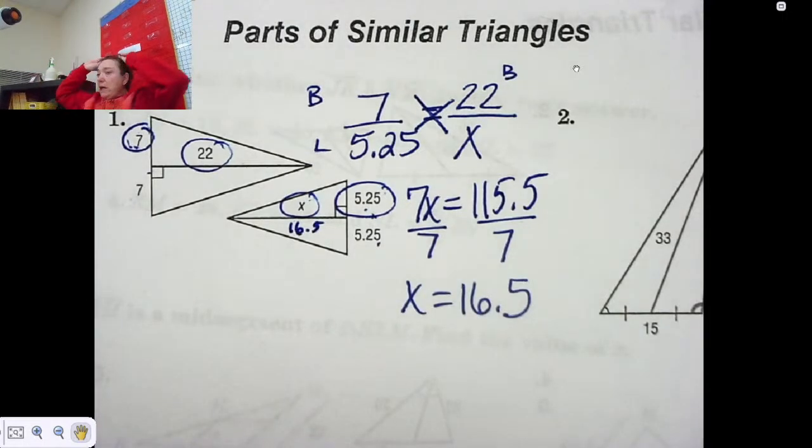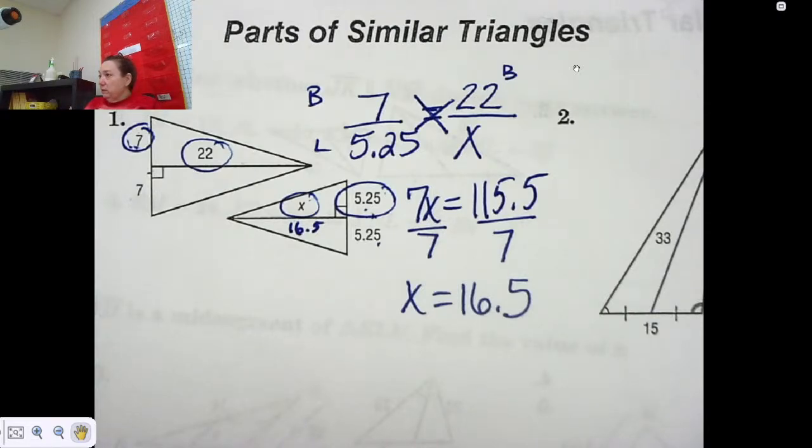That's it. We're doing the exact same math we've been doing. We're still setting up proportions and solving proportions. The only difference is instead of just doing the sides, now we're doing these special segments, because the special segments are also proportional.